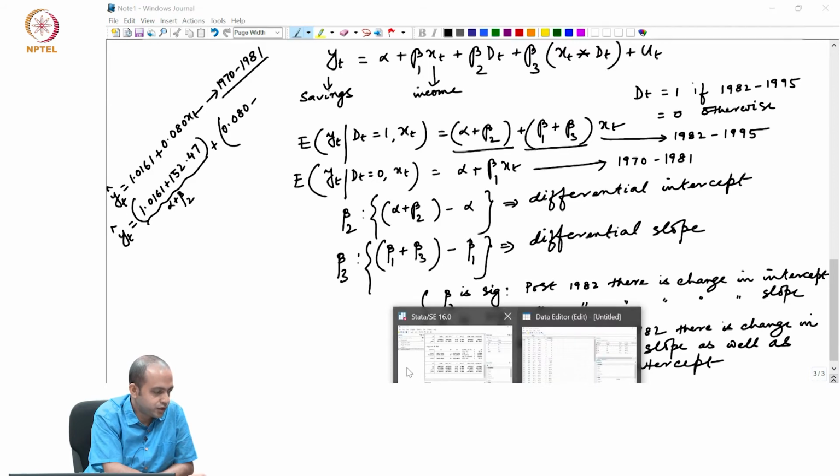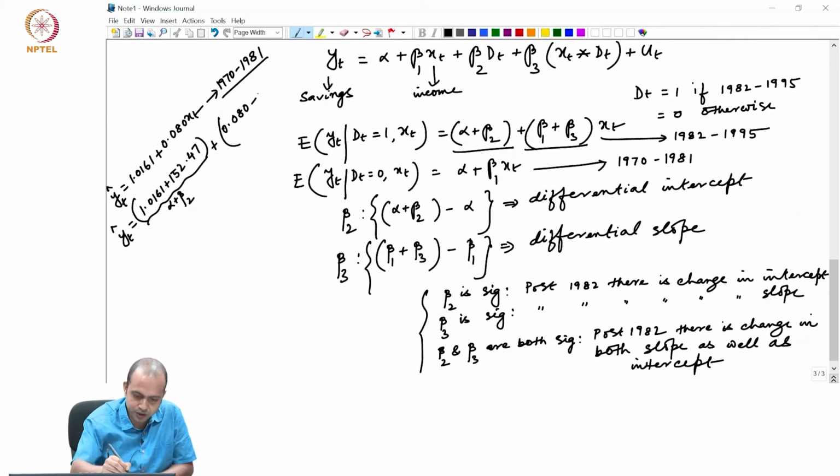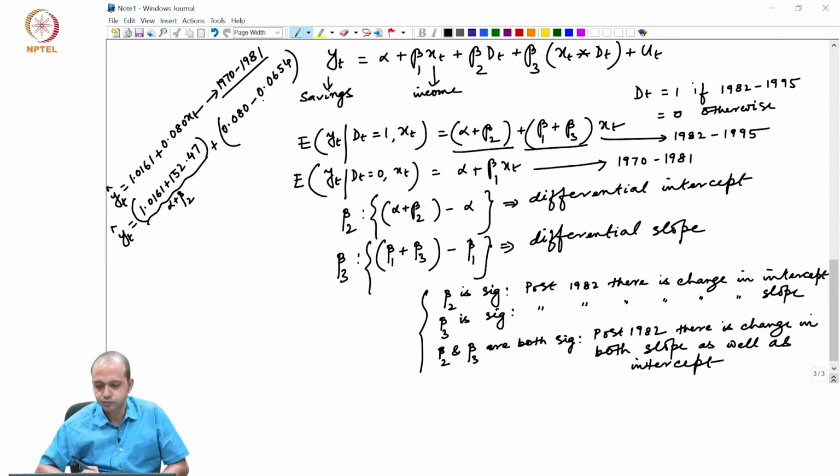The differential slope here is 0.0654, so 0.080 minus 0.0654.